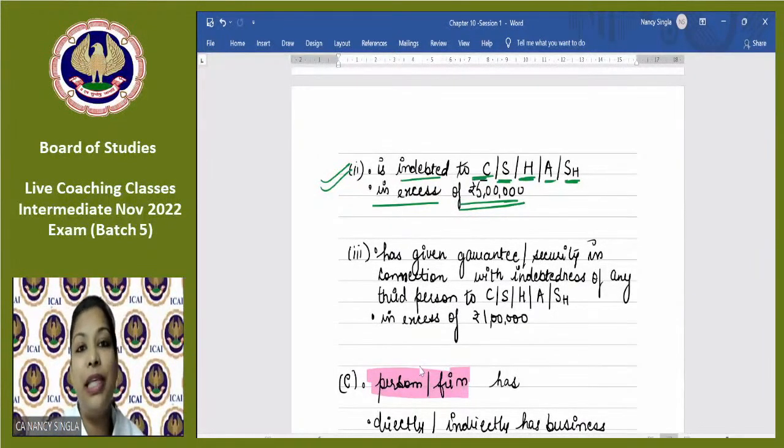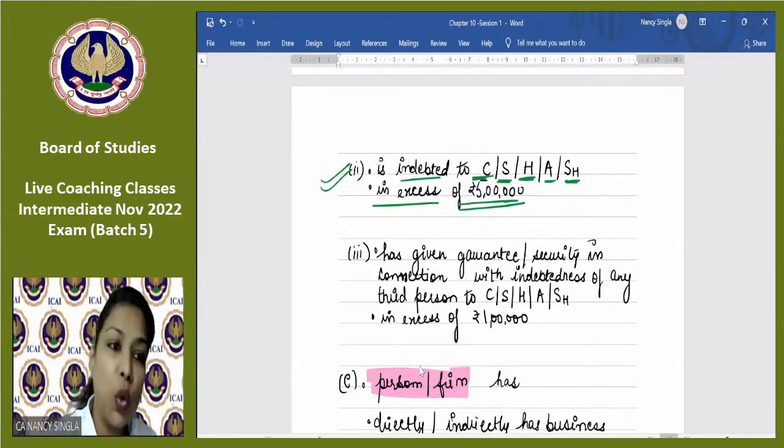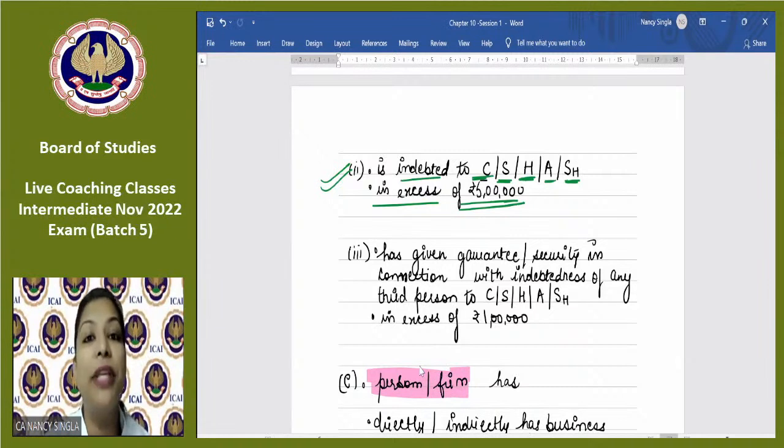That is, let's say example, the person CA X in our case, or Mrs. X or CY, any one of them, if they are indebted, that is, they owe to the company or to the subsidiary, or the holding, associate or subsidiary of the holding, or let's say they have taken a loan of an amount exceeding rupees 5 lakhs, then in such a situation, the person, that is CAX, is ineligible to be appointed as an auditor of the company.